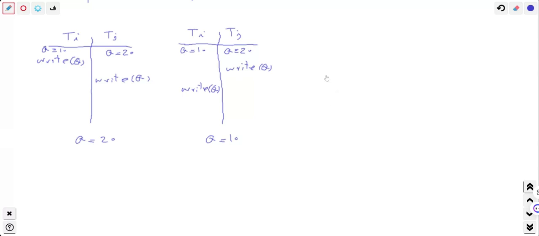Okay, so we say that because the order of write operations is important and the result is not the same, the two write operations have conflict.